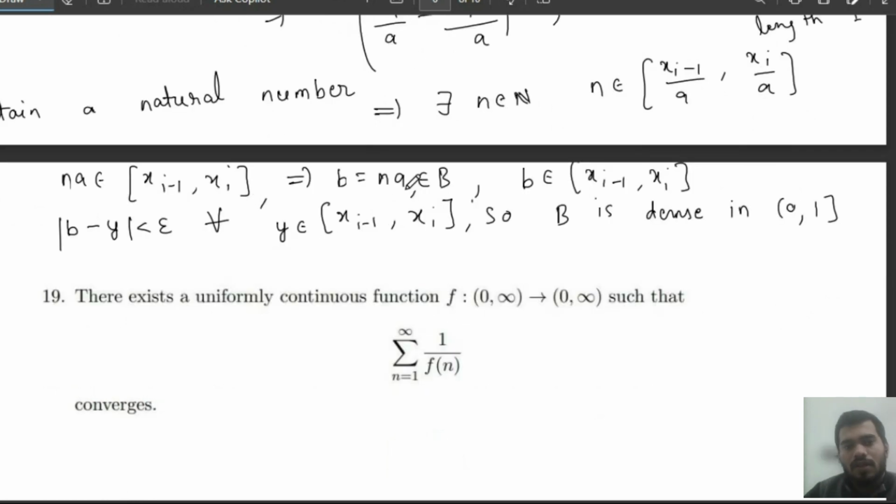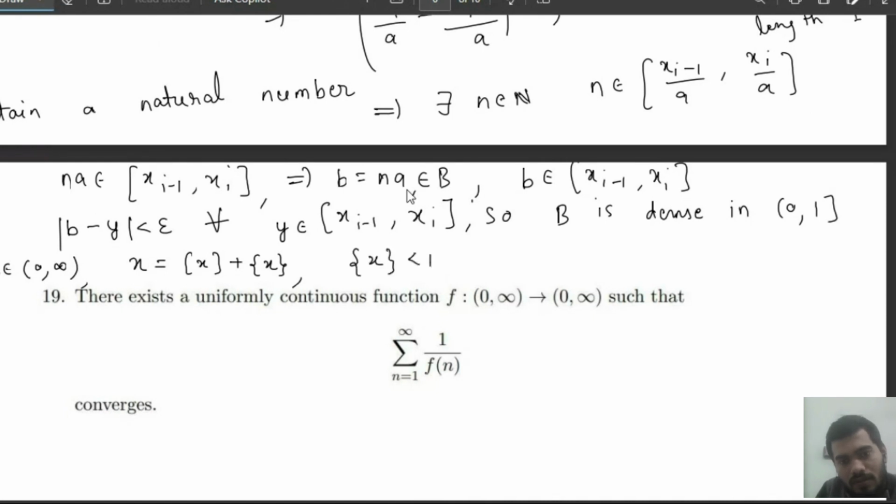For the rest of the thing, take any x belongs to 0 to infinity. What we can do is we can write this x as this. Now, since x is less than 1, it will belong to one of those sub-intervals that we divided. So there will exist some b such that x minus b is less than epsilon, right?